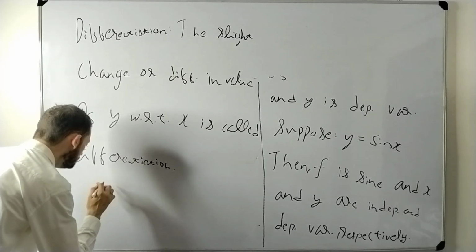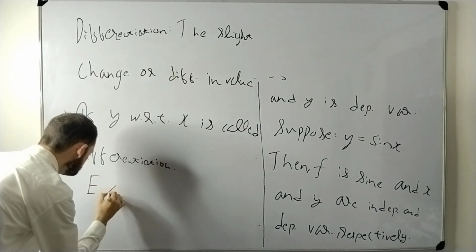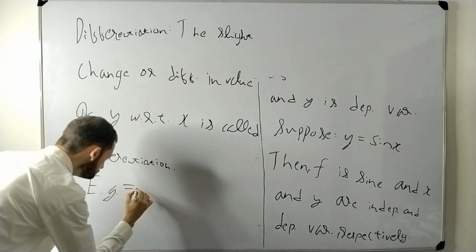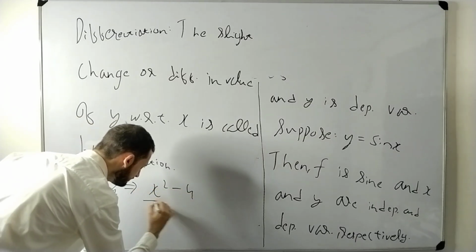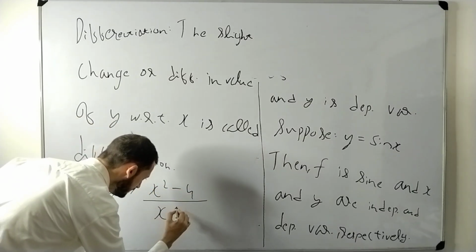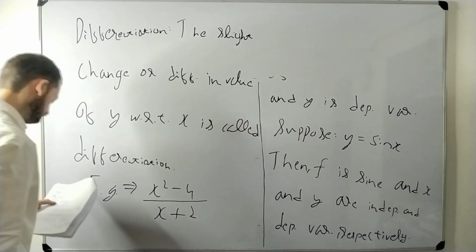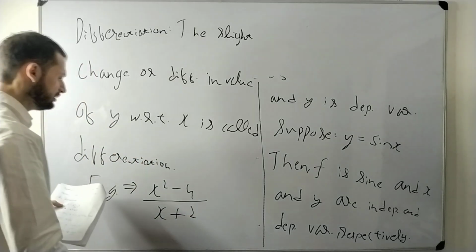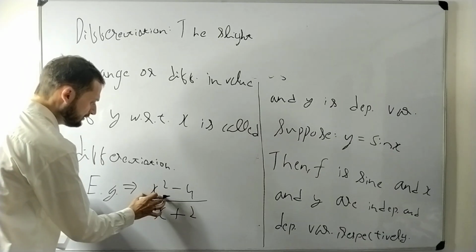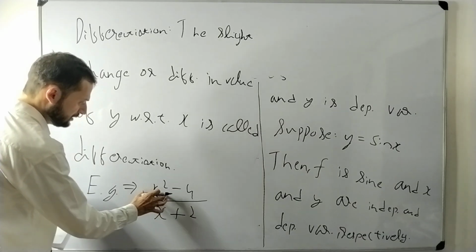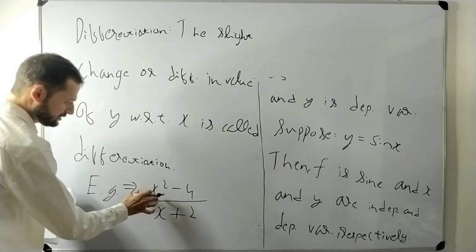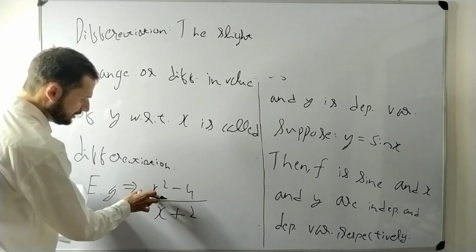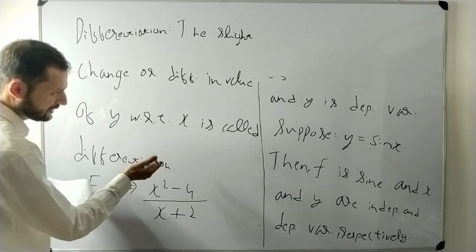Example: y equals x square minus 4x plus 2. For every value of x, y takes some value.